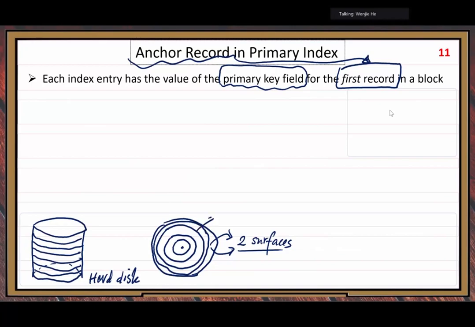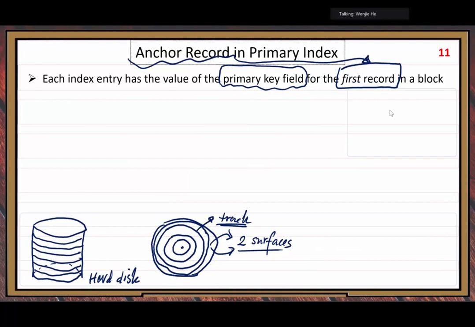So each circle, we call it a track. We store the data on all these tracks one by one. We organize in this way.